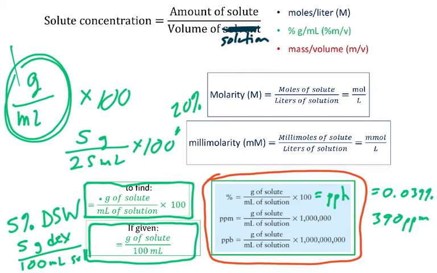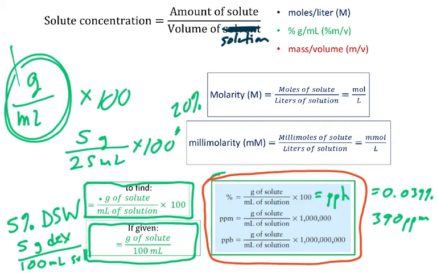So that's a number that's just generally better than 0.039, which is pretty small. And ppb would be like the amount of lead in drinking water that's allowed, which is like 15 ppb, right? So it's really, really small, but 15 is a reasonable number to remember.